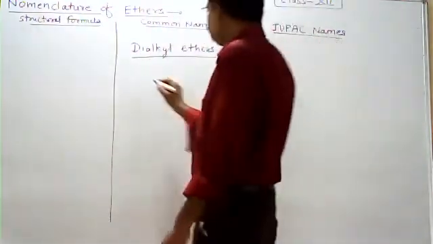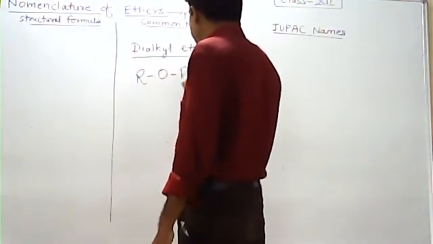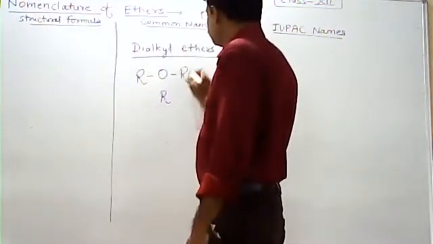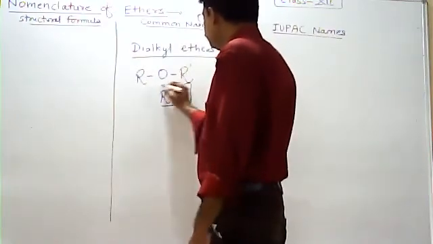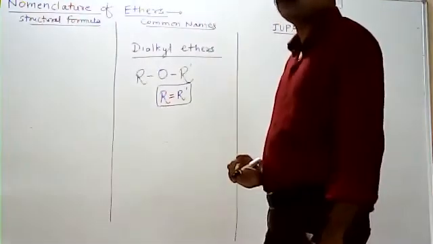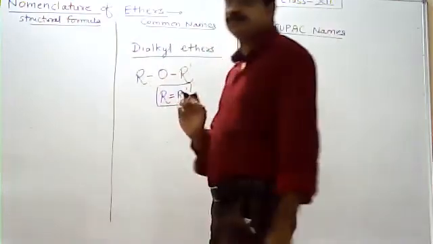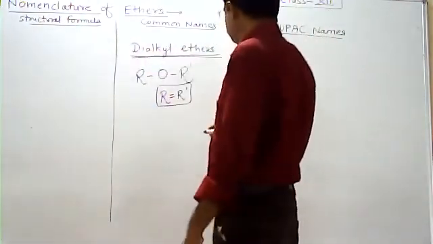We know that in simple ethers, this is the alkyl group, this is oxygen, this is another alkyl group R dash. If both these are the same, identical groups, then in the case of these simple ethers, it is named as dialkyl ether.